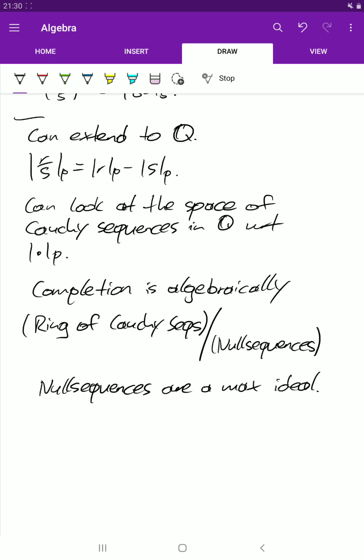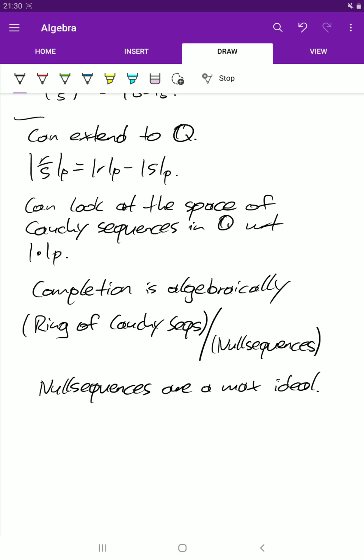How to see that they are a maximal ideal is also not hard. If we could add another element to this ideal, and we would still get an ideal which is not the whole ring, then it would not be maximal.